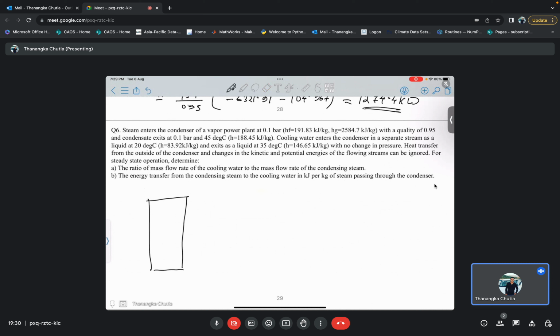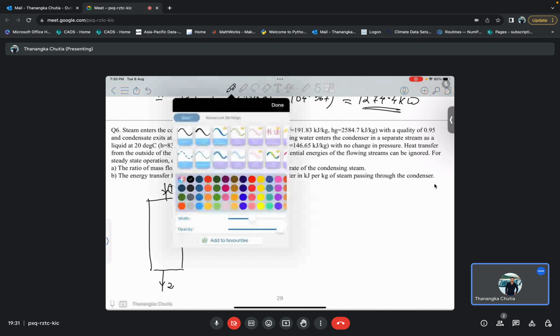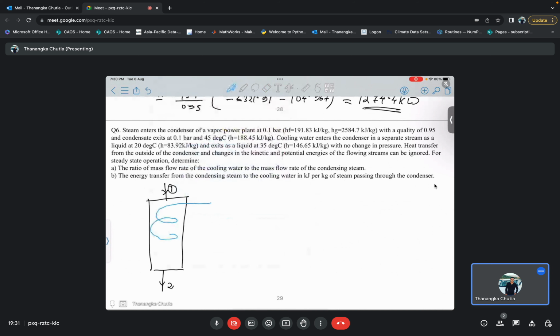So in this condenser now what happens, steam enters, this is state 1, and then steam leaves, this is state 2. Okay, and in doing so this steam is getting cooled and condensed, and it is losing heat. Now if it is losing heat, somebody should take this heat. Now that heat is taken by this circulating water. This water will basically circulate.